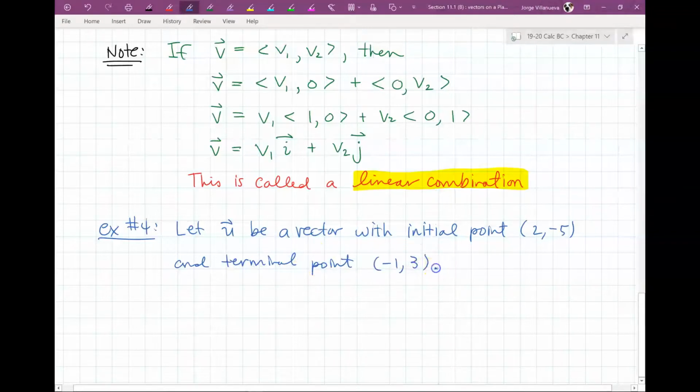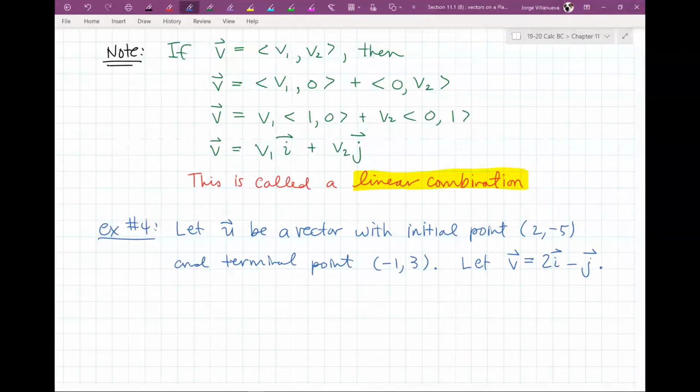Let vector V equal 2I minus J. So notice the vector form for V would be 2, -1. Okay, that would be the vector form. If you write 2, -1 as a linear combination, it's 2I minus 1J. All right, so we're going to let that be the case for vector V.